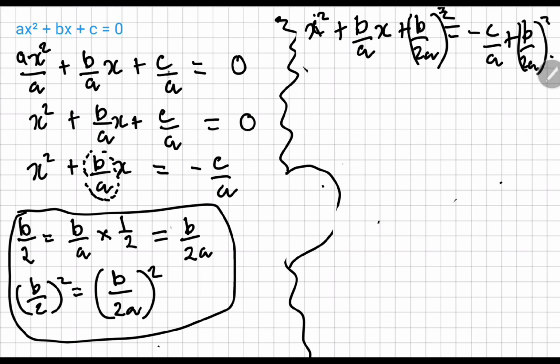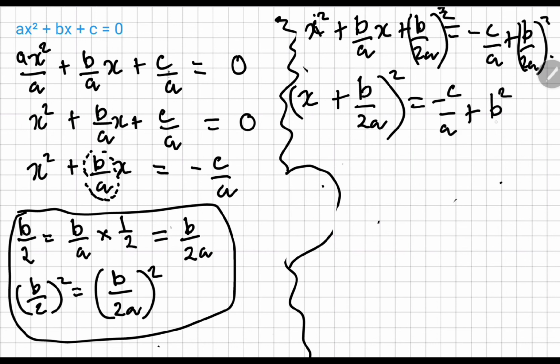Left hand side is now a perfect square. It can be easily factorized to x plus b over 2a squared is now equal to minus c over a plus b squared over 4a squared.